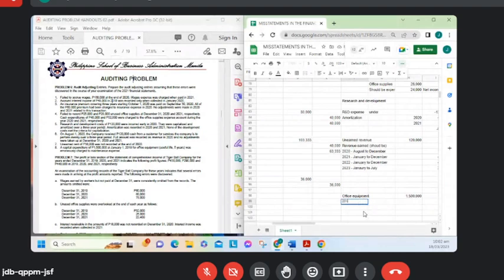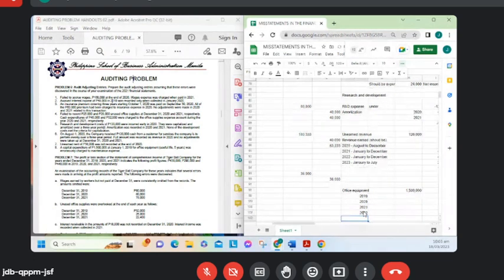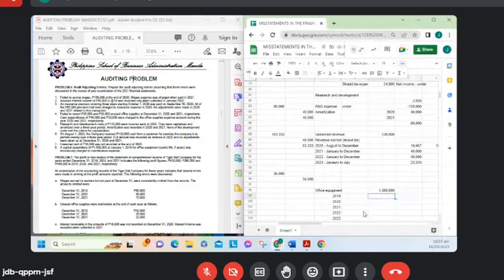So 2019, 2020, 2021, 2022, 2023. If we spread it over 5 years. So 5 years useful life.